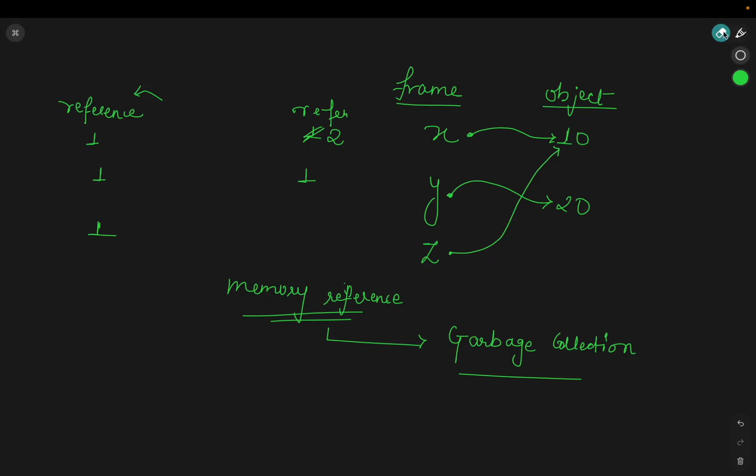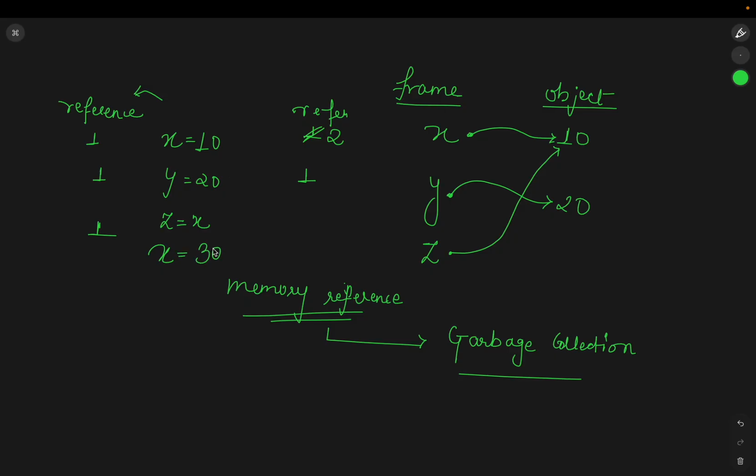Okay, now let's say I declare some calculation like this. x is equal to 10, y is equal to 20, and z is equal to x. Okay, now what will happen? I am again declaring the value of x as 30.